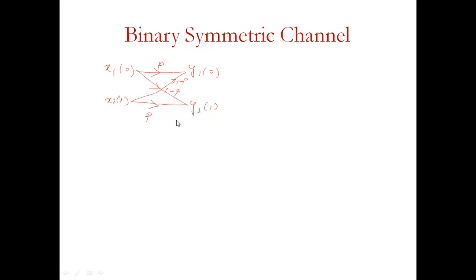In binary symmetric channel, binary means that either 0 or 1 transmission only, so we will have only 2 inputs and exactly 2 outputs.